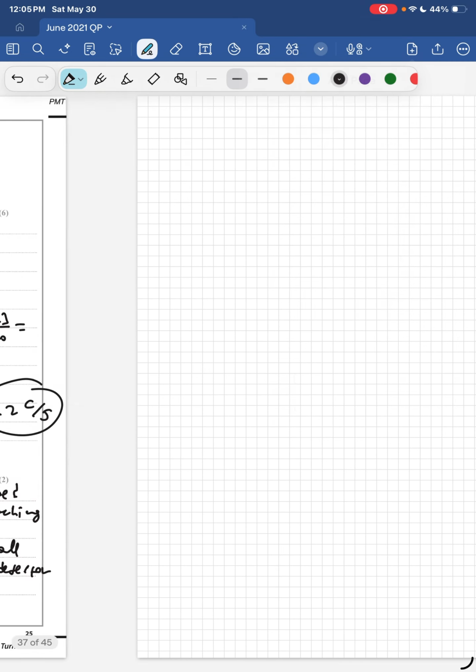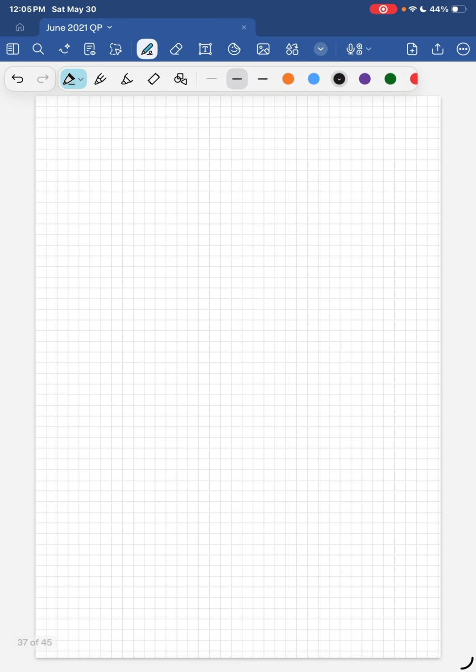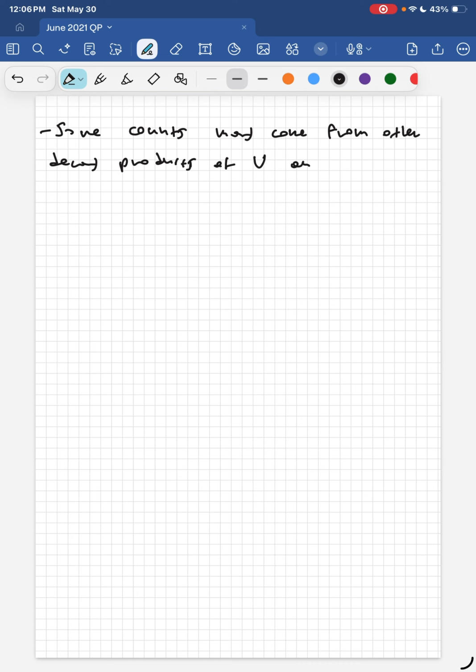Then some counts may come from other decay products of uranium and not uranium-238 itself.